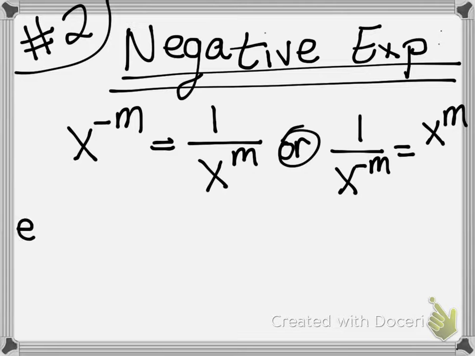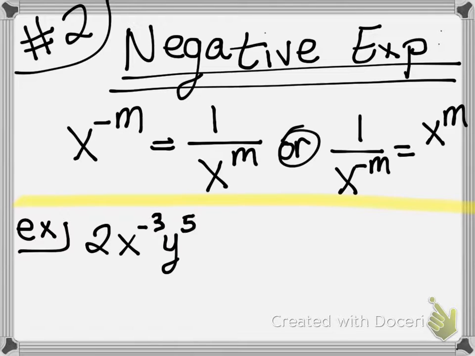Now, for a couple examples here. We have 2x to the negative 3 times y to the 5th. Now looking at this, we have 3 different items in this problem.